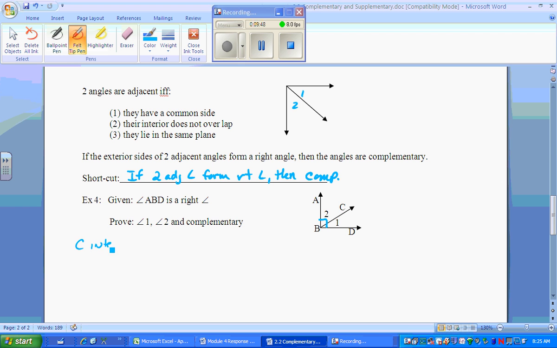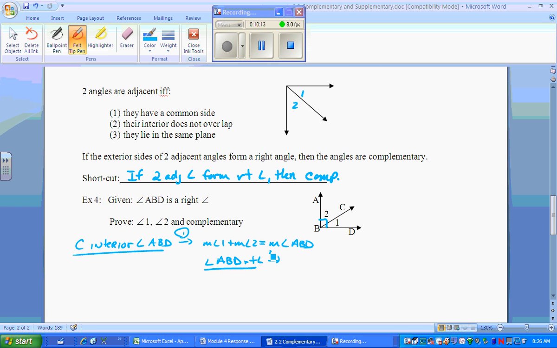So we have to say C is in the interior of angle ABD, underline it because we assume it's given, arrow out. We have the measure of angle 1 plus the measure of angle 2 is equal to the measure of angle ABD. We know that angle ABD is a right angle.